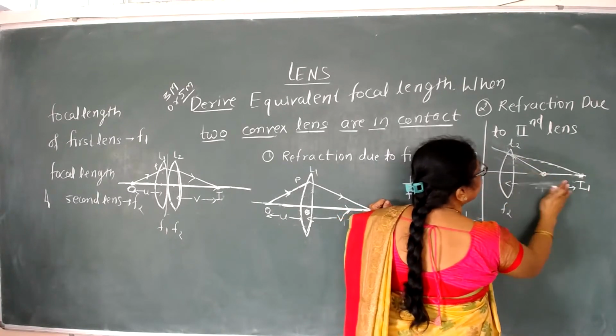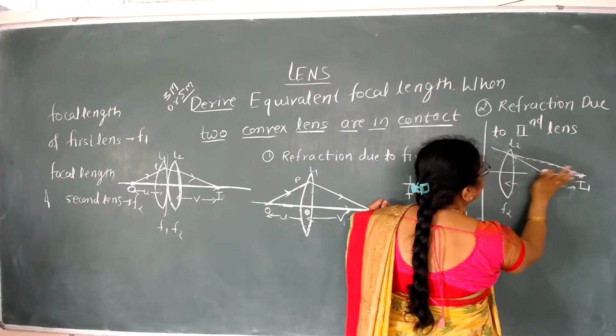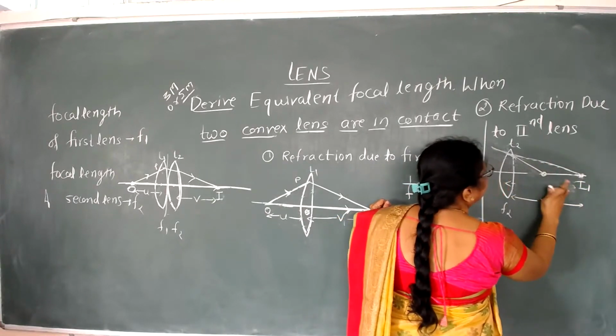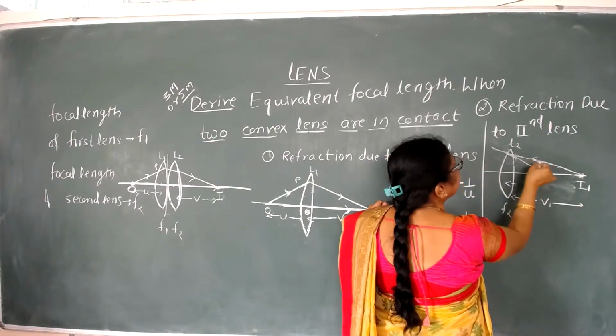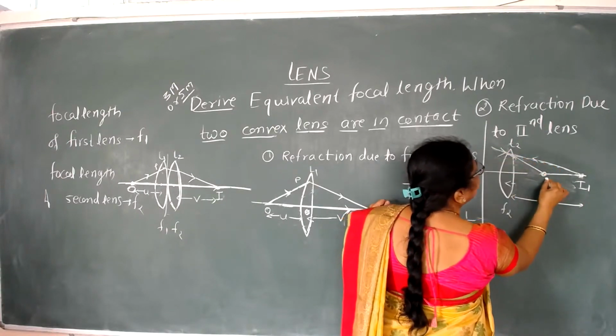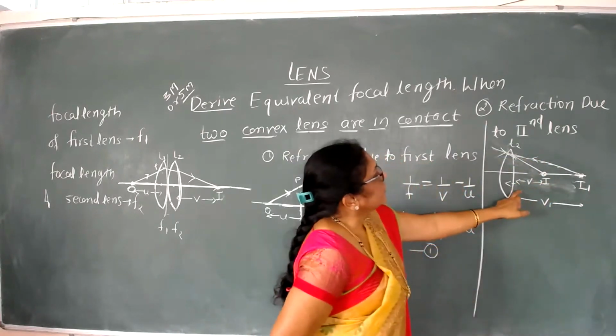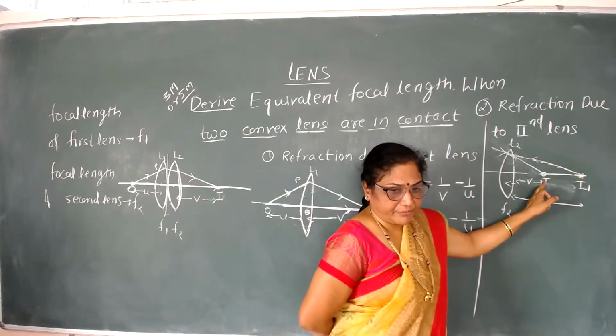That image is known as the final image I. This distance is v1, and after refraction the image found is I. So this is the final image.